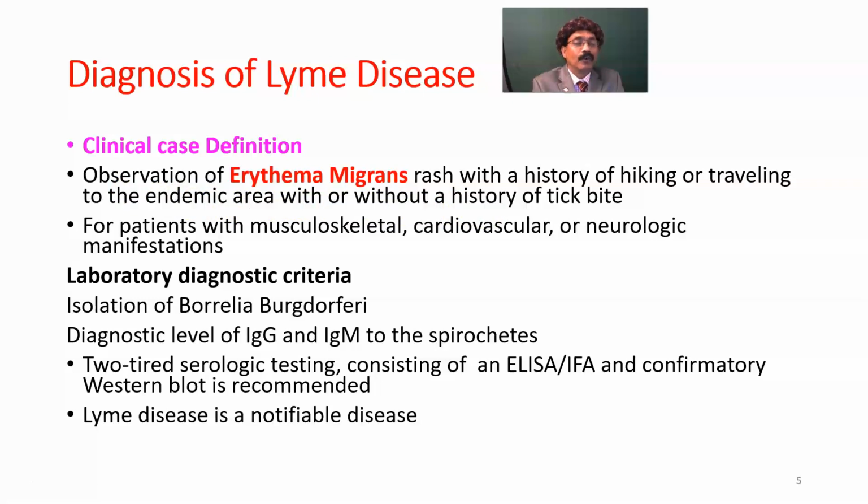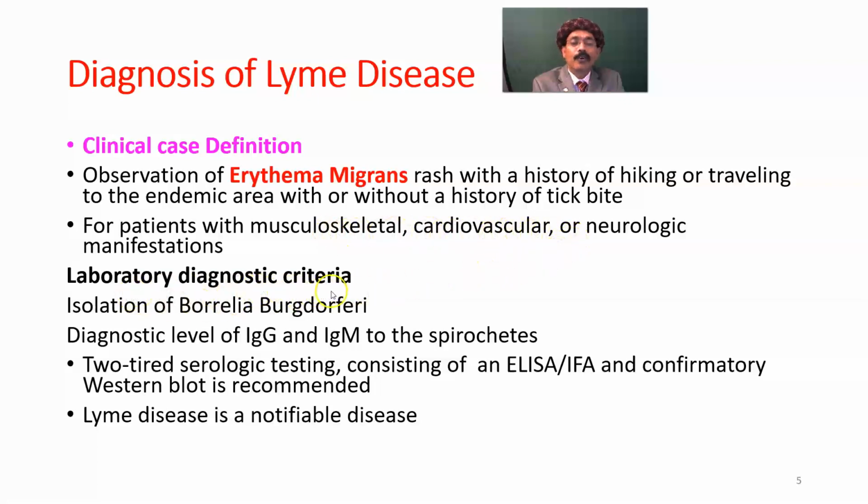The adult form is larger, around 5 millimeters, and can easily be taken out. For patients with musculoskeletal, cardiovascular, or neurologic manifestations, one of these is the clinical case definition: erythema migrans plus other manifestations.